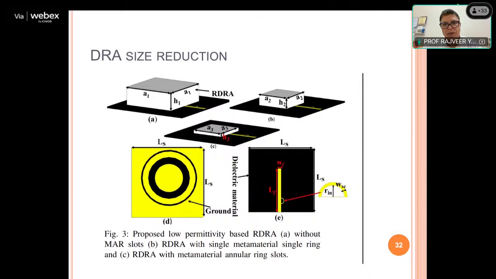So cost and non-availability made us think of alternate solutions to devise these DRAs, which will be used to develop GNSS antennas in the compact and low profile category, achieved using low dielectric Indian origin materials.